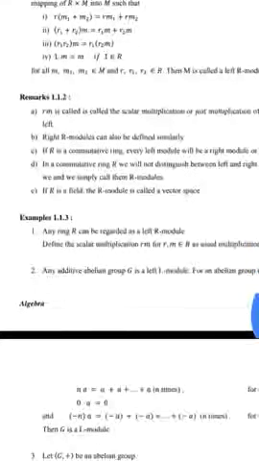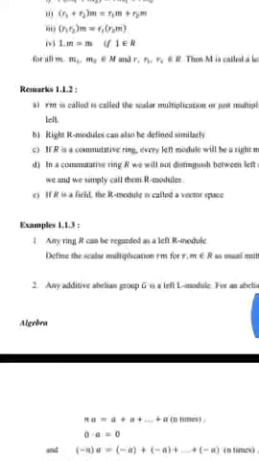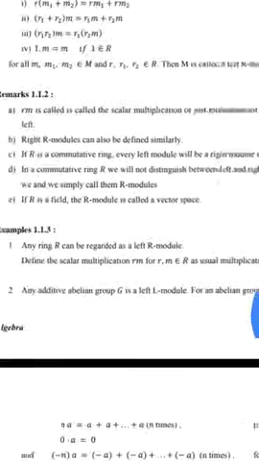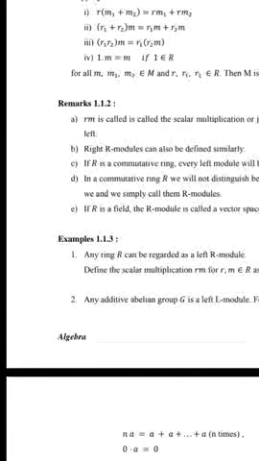Note that rm is called the scalar multiplication, or just multiplication, of M by R on the left. A right R module can also be defined similarly.